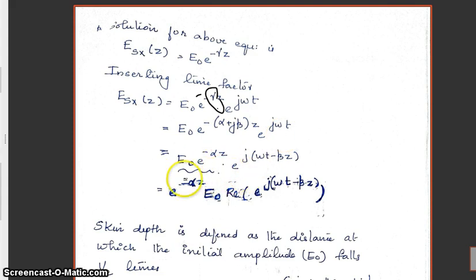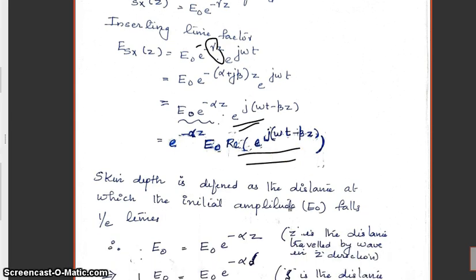Then simply rearranging the expression, I get E0 into e raised to minus alpha Z into e raised to j(omega t minus beta Z). Then we need only the real part, so I am writing e raised to minus alpha Z into E0 into the real part of e raised to j(omega t minus beta Z).